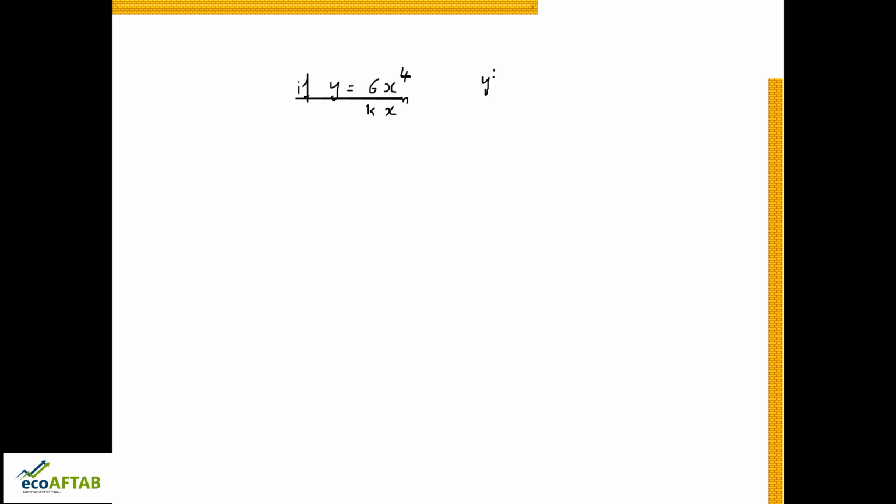Then y prime is equal to k into n into x raised to n minus 1. What is k? k is 6, a constant, I am keeping it as it is, into 4 into x raised to 4 minus 1. So this will be 24x cube. This is the derivative of this particular function. This is our original function and this is our new function which is telling us about the slope. I will take one more example.